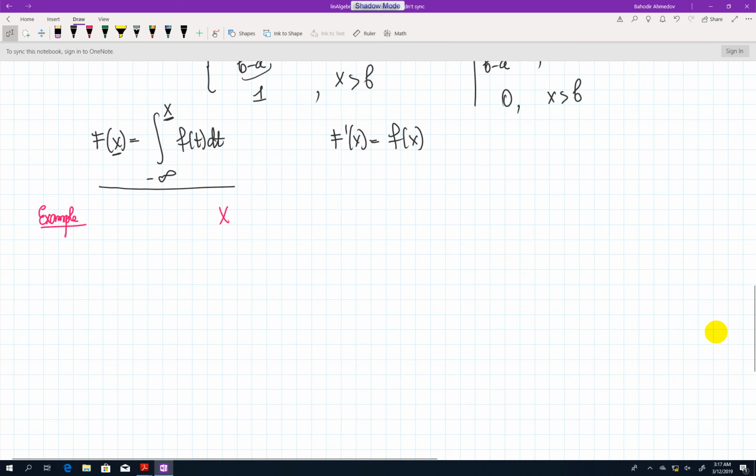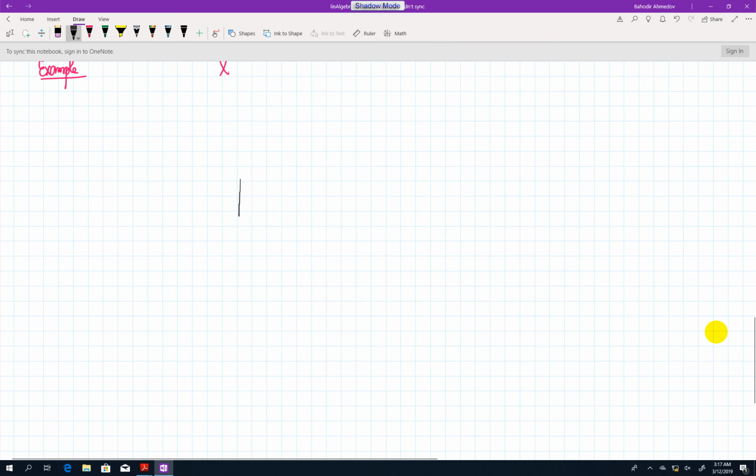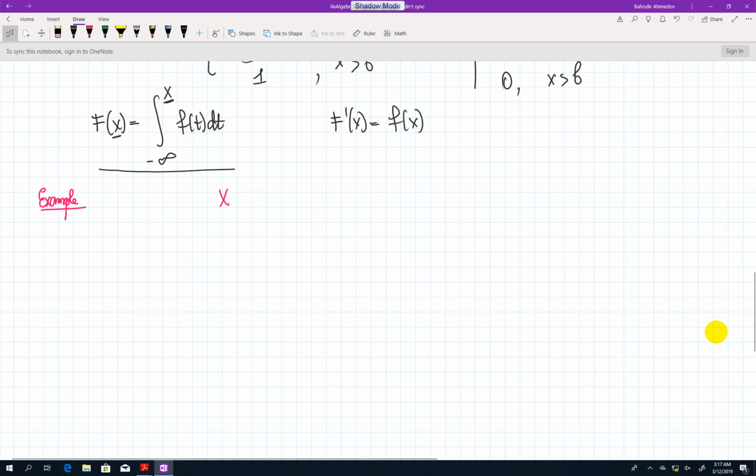So it is given that x has the uniform distribution between 0 and 30, right? If it is like this, what will be the density function of x? This will be 1 over b minus a, which is 1 over 30, right?